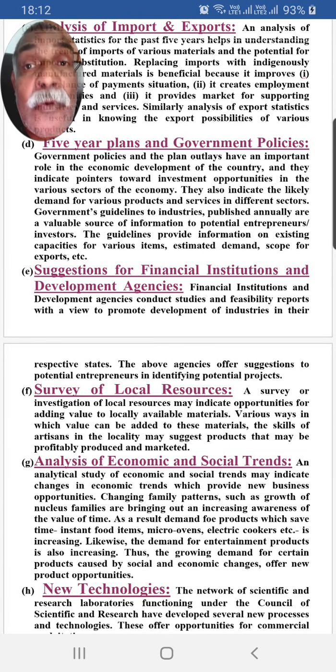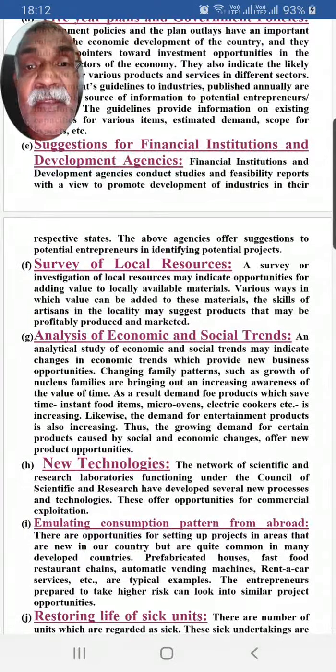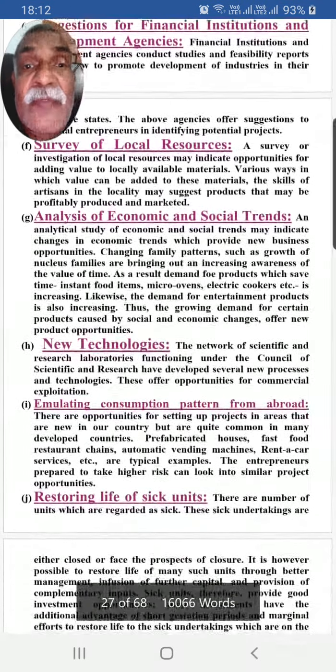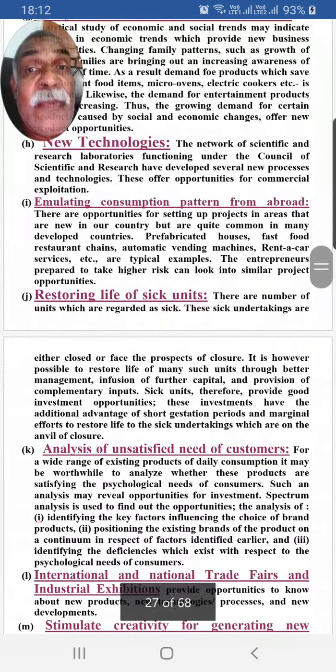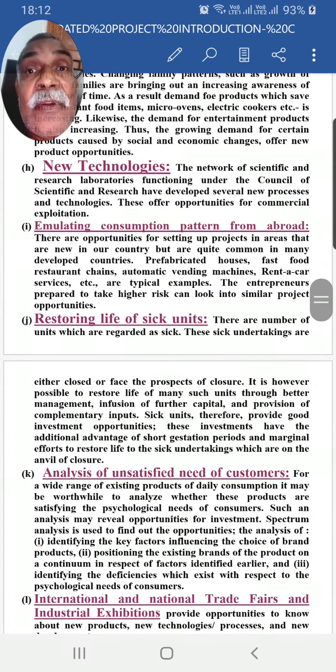You have to go for the suggestions of financial institutions and development agencies, what type of suggestions they are providing us. You have to survey the local resources. You have to analyze the economic and social trends, the new technologies, and the emulating consumption patterns from abroad.